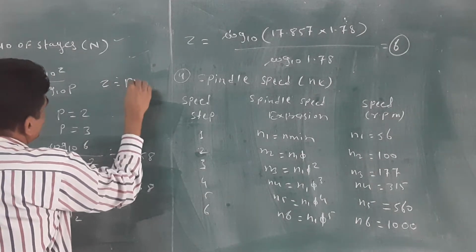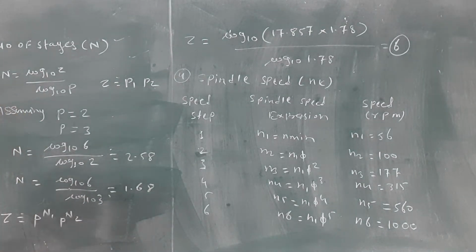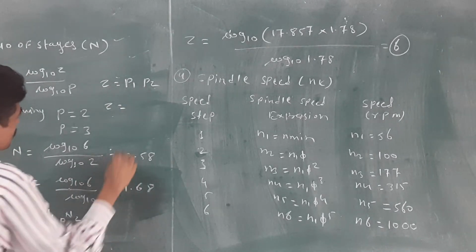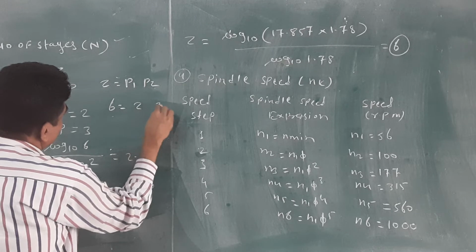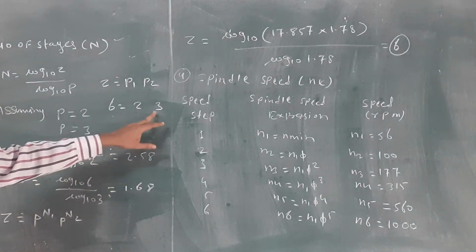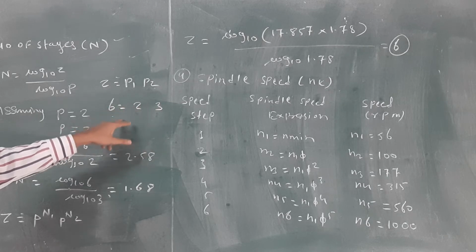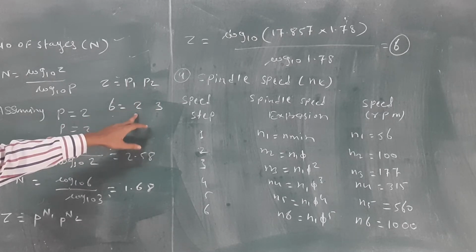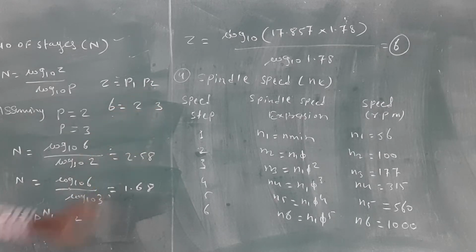Z is equal to 6, and 6 is equal to 2 into 3. If you take 3 here or 2 here, then this condition is not satisfied. That's why you have to choose the value of p1 as 2 or 3 and p2 as 2 or 3.